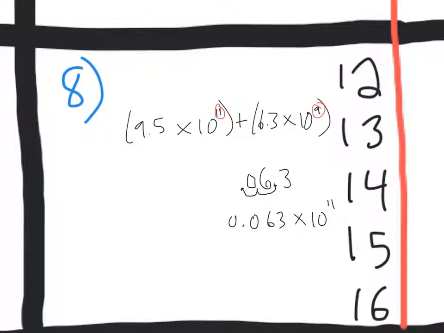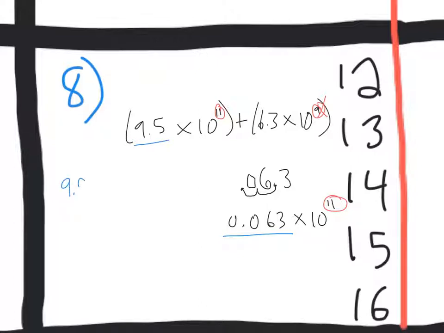Now that we have our exponents the same, 11 and 11, we can just go ahead and add our factors together. So that's 9.5 and 0.063.